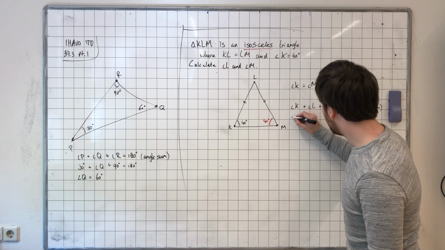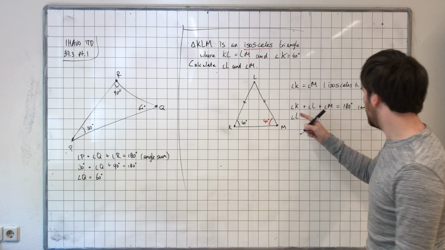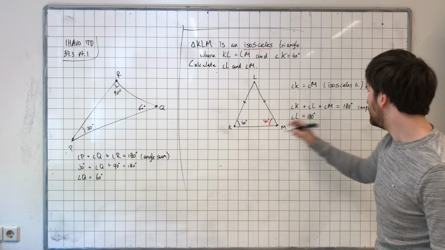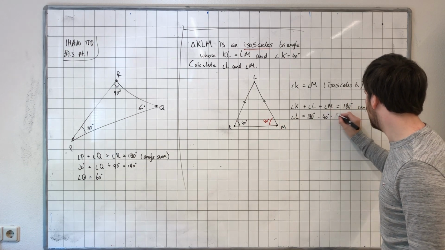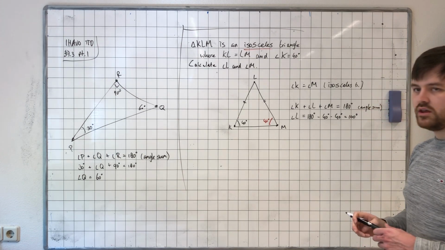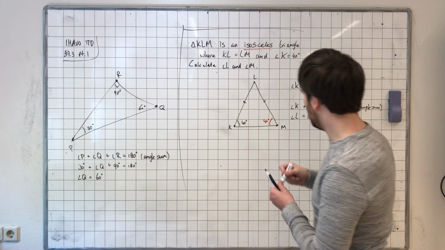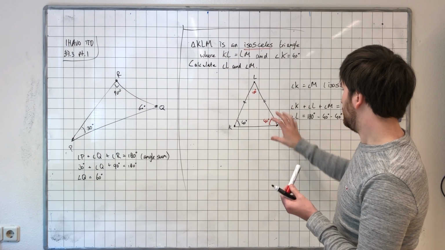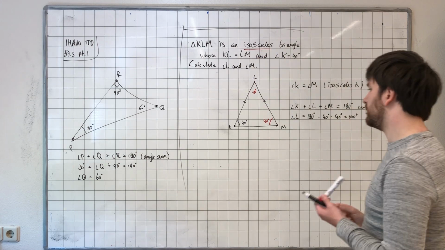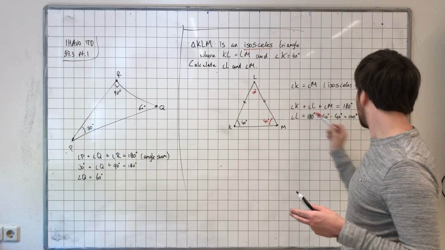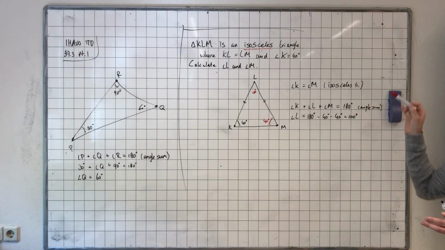And now we're going to calculate angle L, because it's basically 180 degrees minus these two things. Minus 40, minus 40 should be 100 degrees. Does that make sense that this one is 100? Well, in our sketch it doesn't, but this is correct with our story. 40 plus 40 is 80, 80 plus 100 is 180 again. So that's why this is correct.